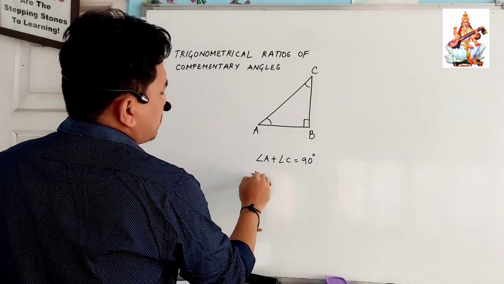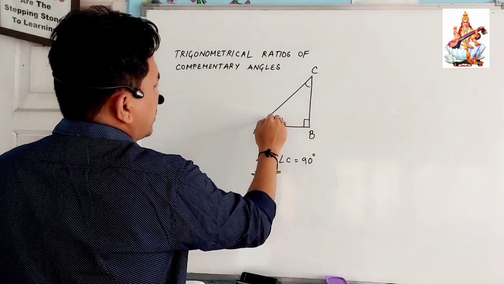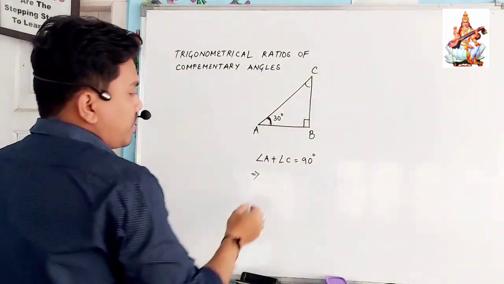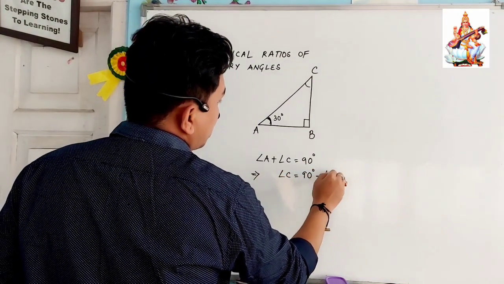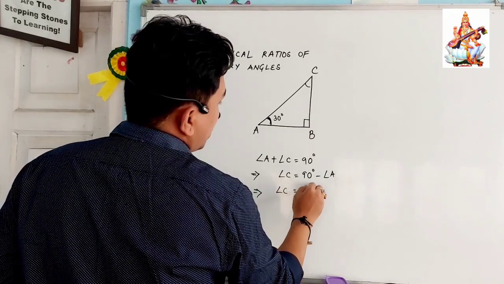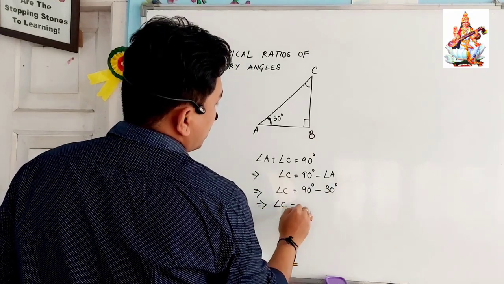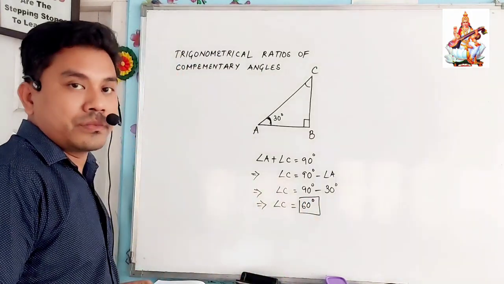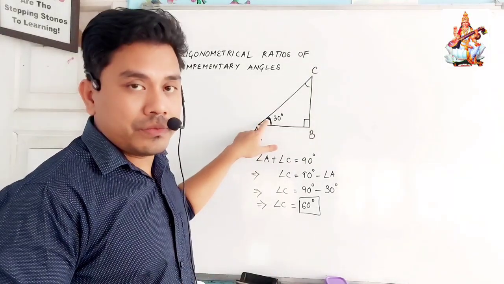Now if angle A is 30 degrees, what will be the other one? Angle C will be equal to 90 degrees minus angle A, that is, 90 degrees minus 30 degrees, so angle C will be 60 degrees. We got the other angle by subtracting from 90.